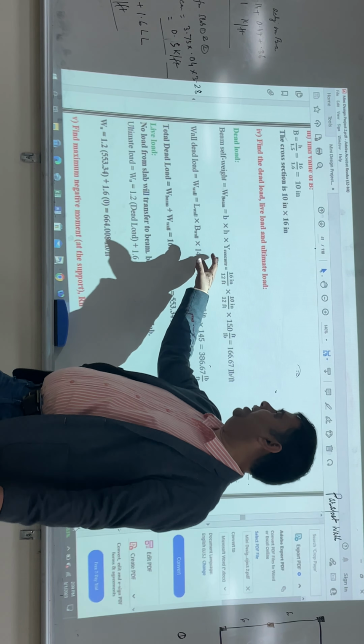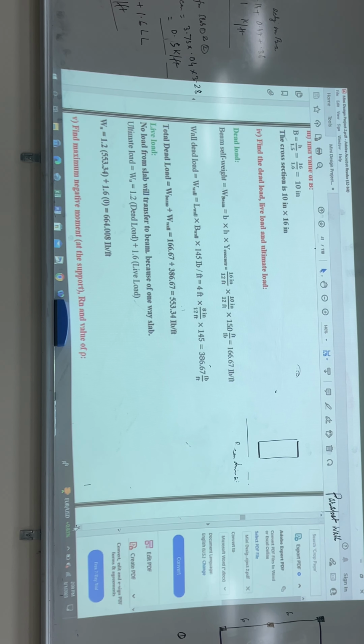Suppose this is a one-way slab. If you are designing this beam, then you will calculate the slab load on this beam. If you are designing the other beam, then the slab load is not coming, only the self weight of the beam, and the wall if you are making a wall at the top.